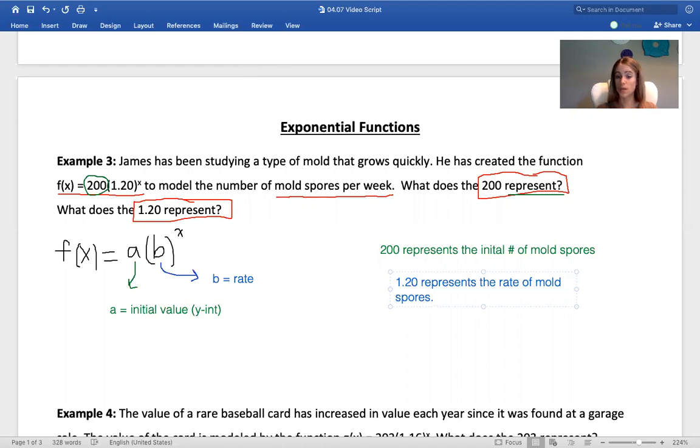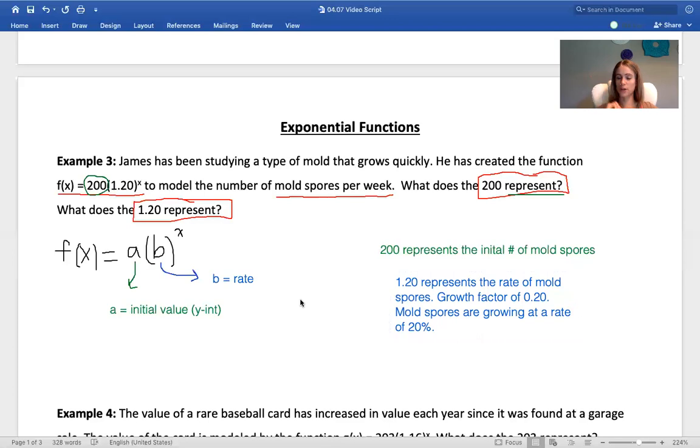It's growth, because it is over 1. Well, what's its growth factor? That would be the 20 hundredths. Most of the time we represent this in terms of percentages. So that means our mold spores are growing at a rate of 20 hundredths as the decimal version. If I convert that to a percent, that would be 20%.